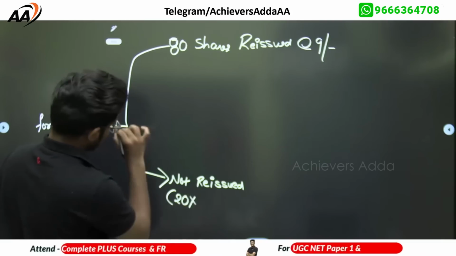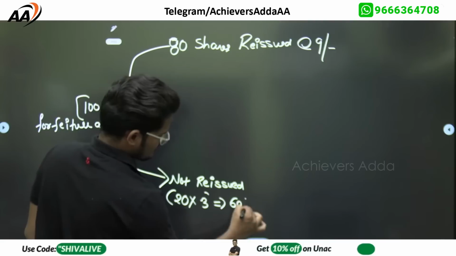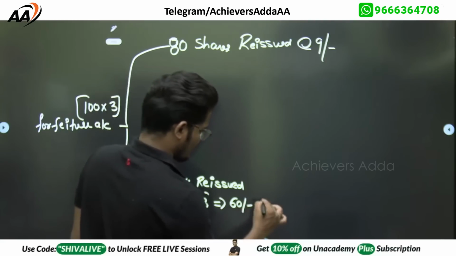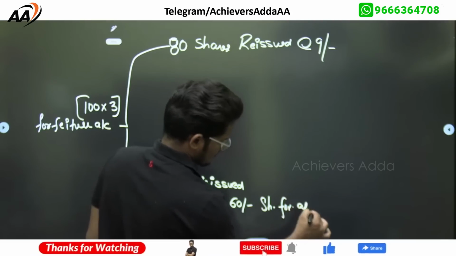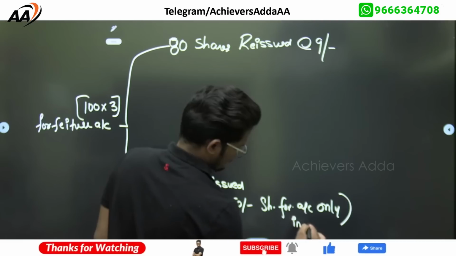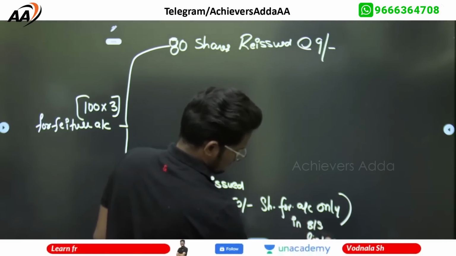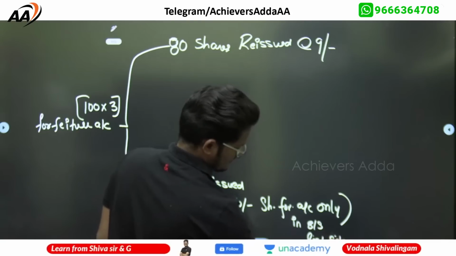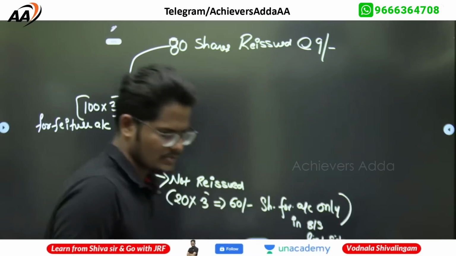The collected amount on these 20 shares is 3 rupees each. This 20 into 3, 60 rupees, will remain in the share forfeiture account, which shows in the balance sheet on the liability side. They will show the ones which are not yet reissued.